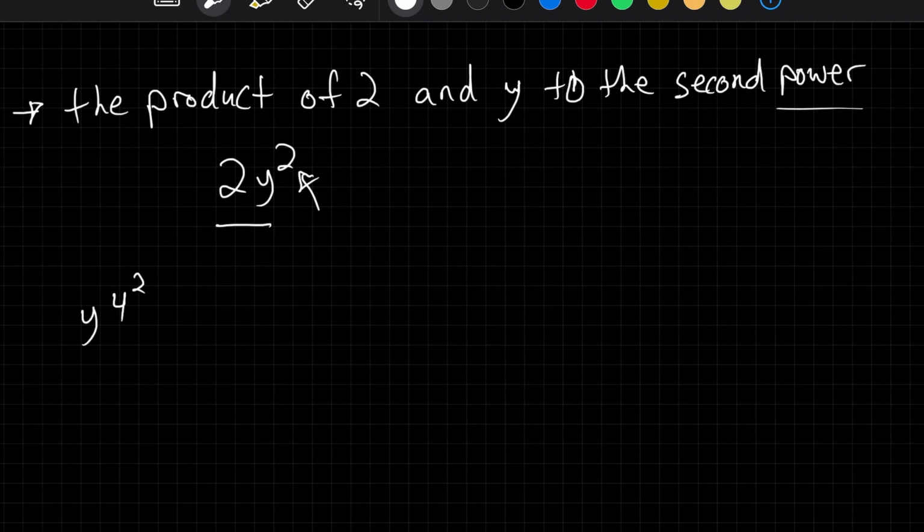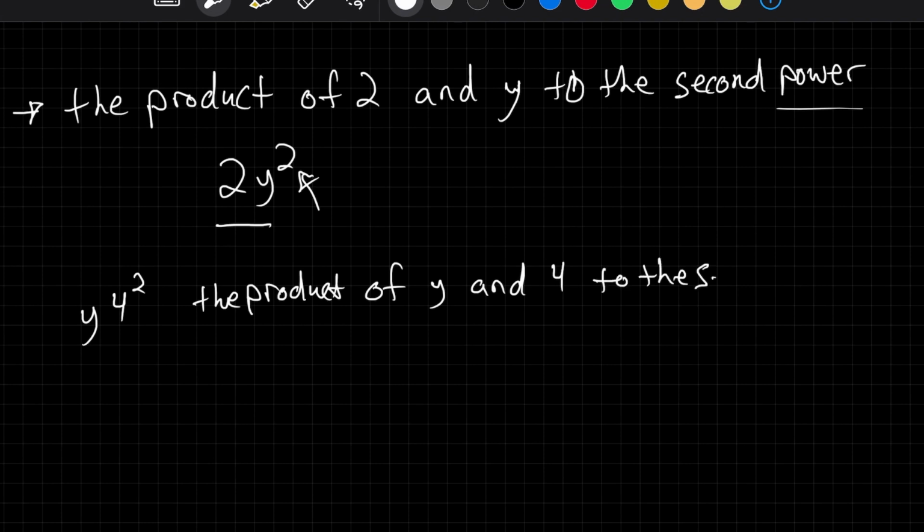So we would say the product of y and 4 to the 2nd power. Right? Because we have y times 4, and the 2nd power is 2. 2 is 2nd.